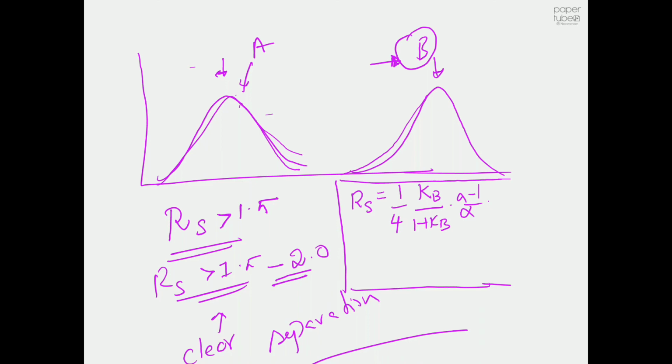So the resolution depends on so many factors: one is your retention factor, then your separation factor, and then your number of theoretical plates. We will make use of all of these equations when we solve a few more problems. I think it's enough for the moment.